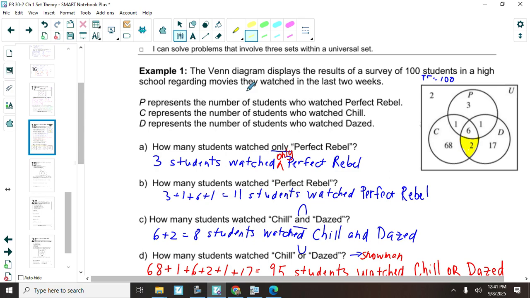How could we describe that one in words? We know it has something to do with Chill, has something to do with Dazed, might have something to do with Perfect Rebel. How could you put that one into words? Anybody willing to give it a try? Gareth, you got it? What do you think?